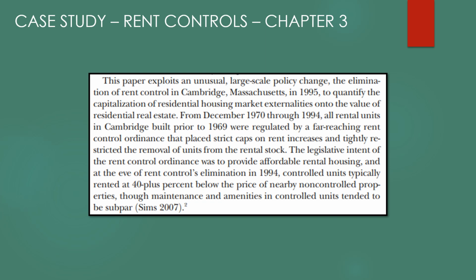The legislative intent of the rent control ordinance was to provide affordable rental housing, and on the eve of rent control's elimination in 1994, controlled units typically rented at 40% or higher below the price of nearby non-controlled properties, though maintenance and the amenities in those rent-controlled units tended to be subpar.